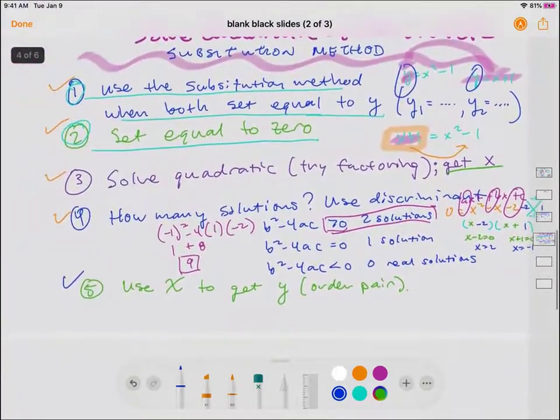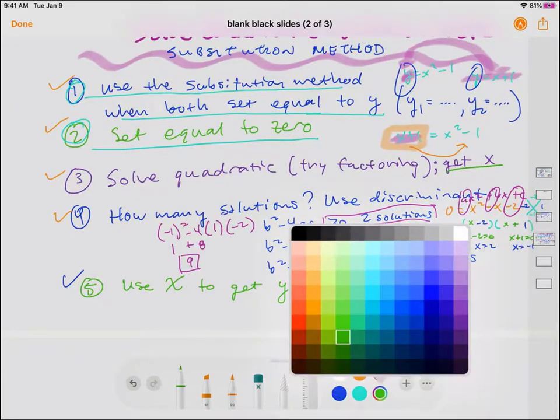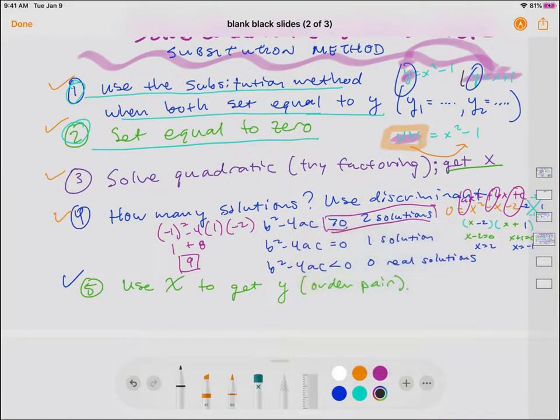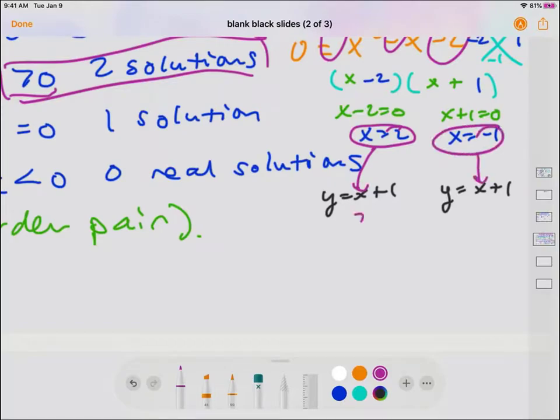So in my example, I have, changing colors here, y equals x plus 1, which is probably the easiest one. I'm going to do that twice. y equals x plus 1, y equals x plus 1, and we're just going to put that in for the variable x. Does that make sense? So then I have y equals 2 plus 1, which is 3.